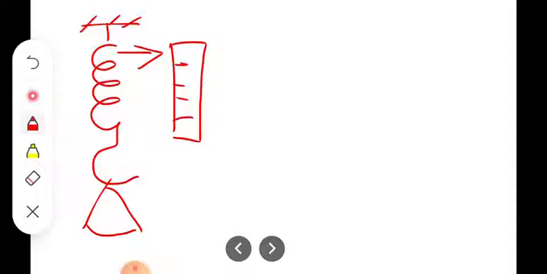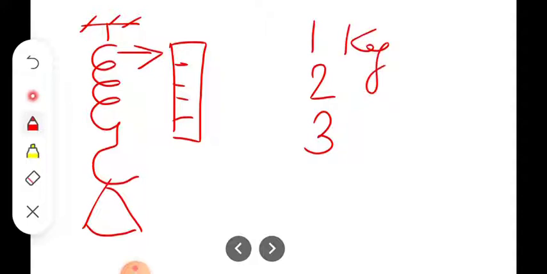In that case, we will place a weight of 1 kg, then 2 kg, 3 kg, 5 kg. Likewise, we will place the weights in the pan.